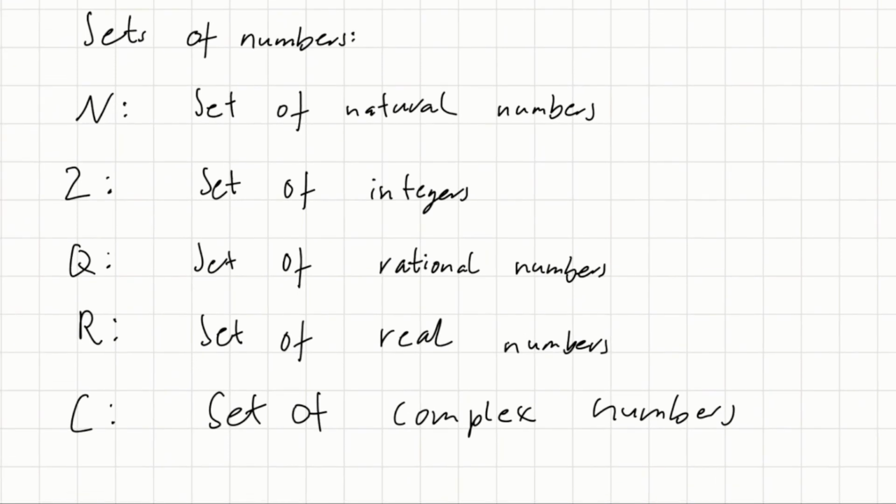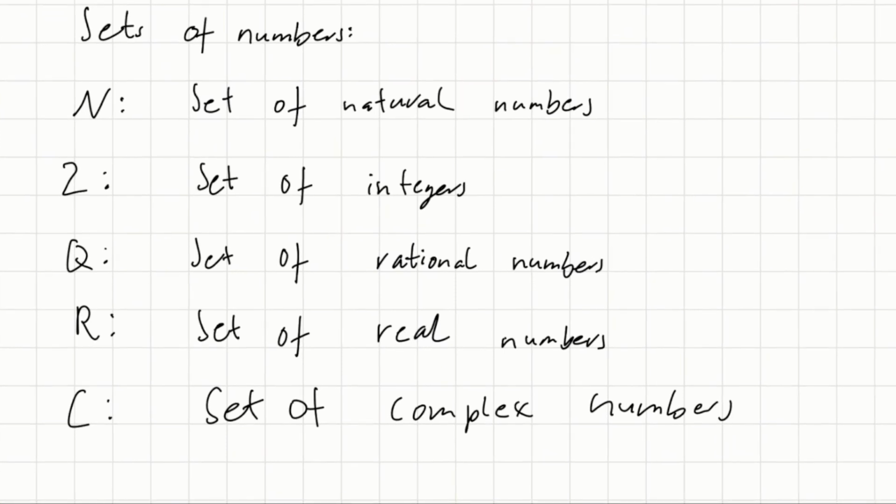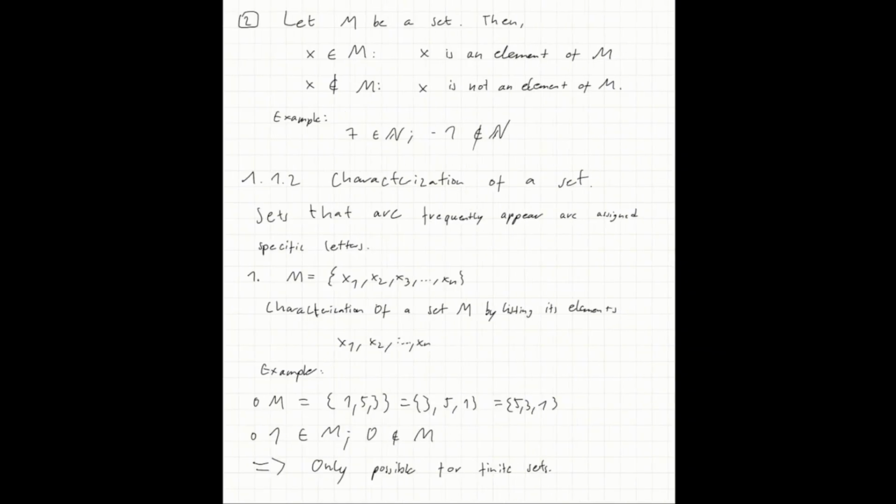Then Q, the set of rational numbers. R, the set of real numbers. And C, the set of complex numbers. This is just to give you an idea why we need sets, and we are going to talk about sets of numbers and number theory as a whole in the next video, in the next chapter. So let's continue.